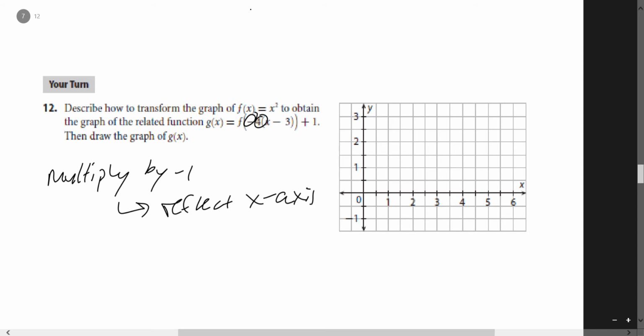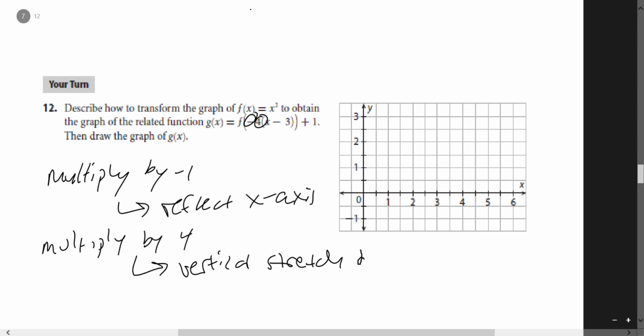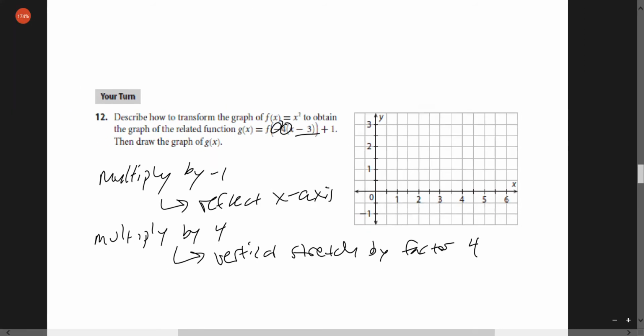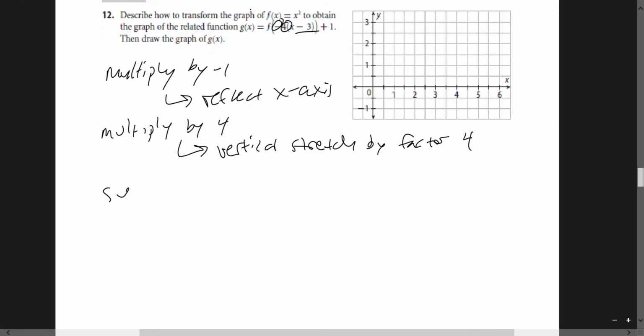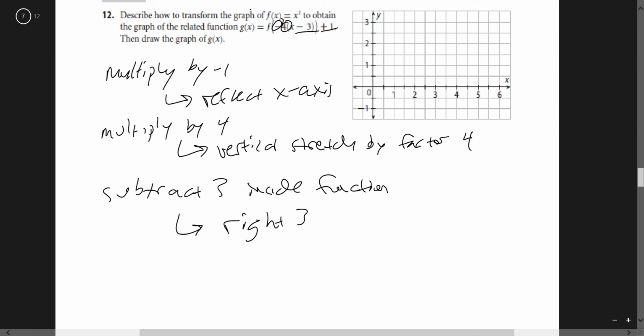We're multiplying by 4, which means we're going to have a vertical stretch by a factor of 4. -3 inside the function means we're going to be moving to the right 3, and +1 outside the function means we're going to be moving up 1.